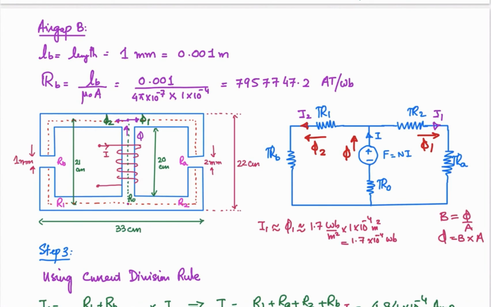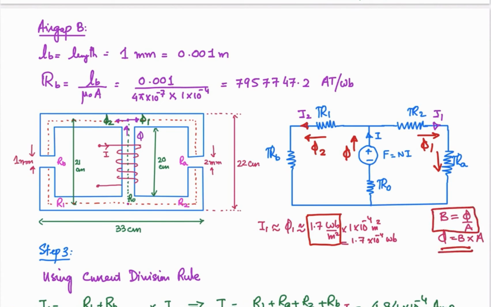So what we need is that this flux should be such that it establishes the flux density of 1.7 Weber per meter square. That was given in the statement, right? So how do you relate the magnetic flux density with the flux? That is defined as flux per unit area.